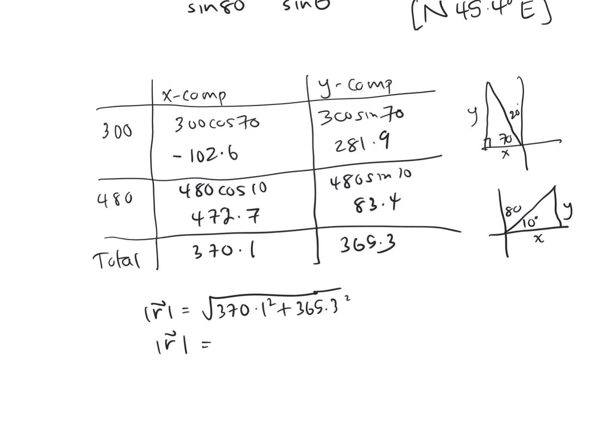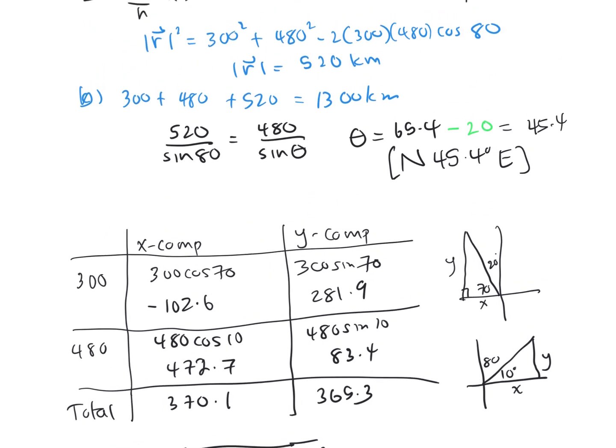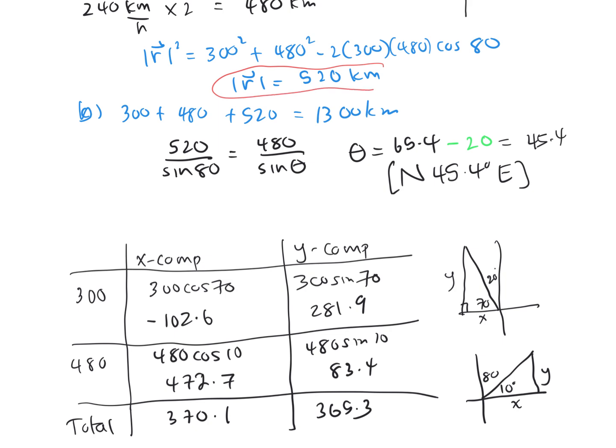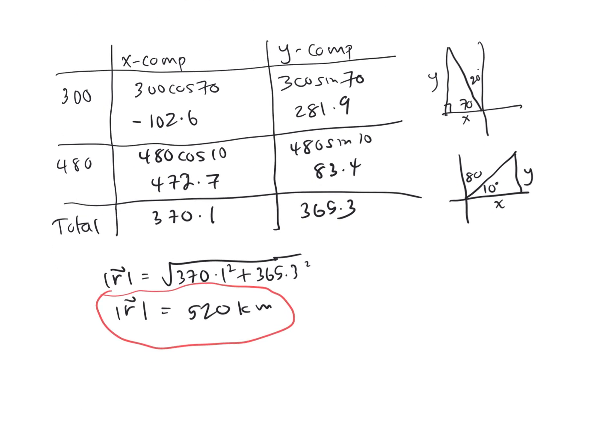So the resultant works out to be 520, which is the resultant we found using tip to tail. Right, back here we found 520. So consistent answer using both methods.